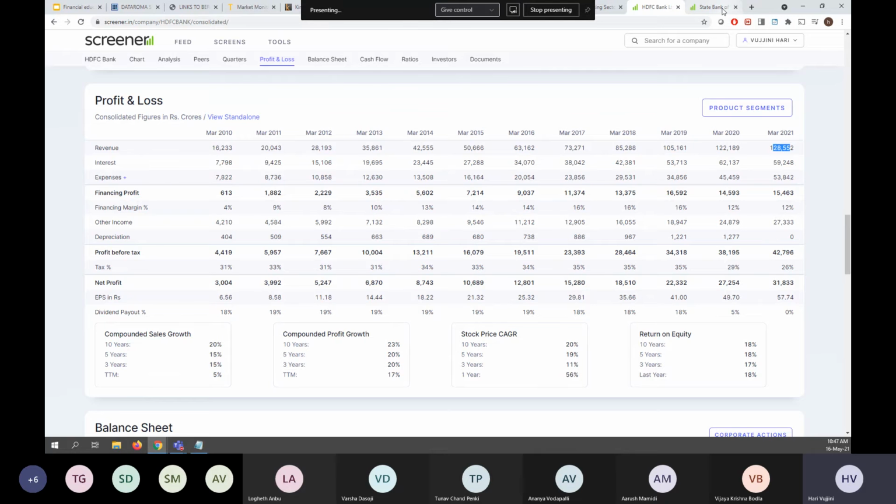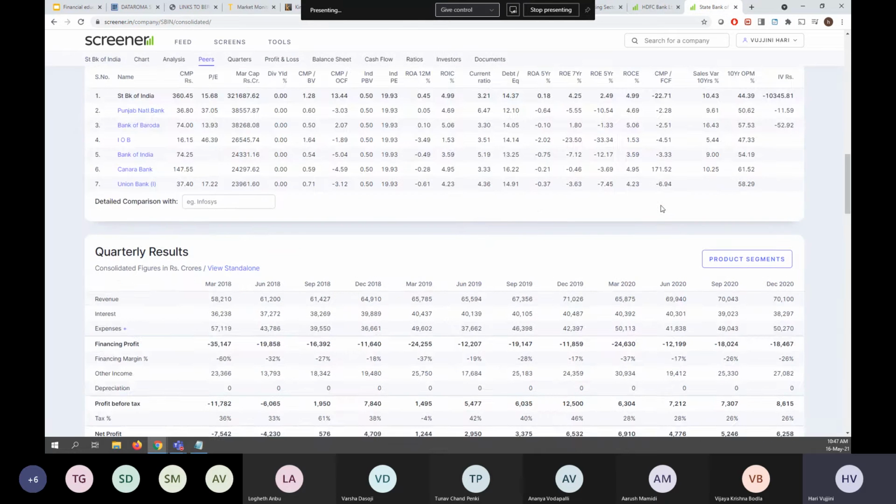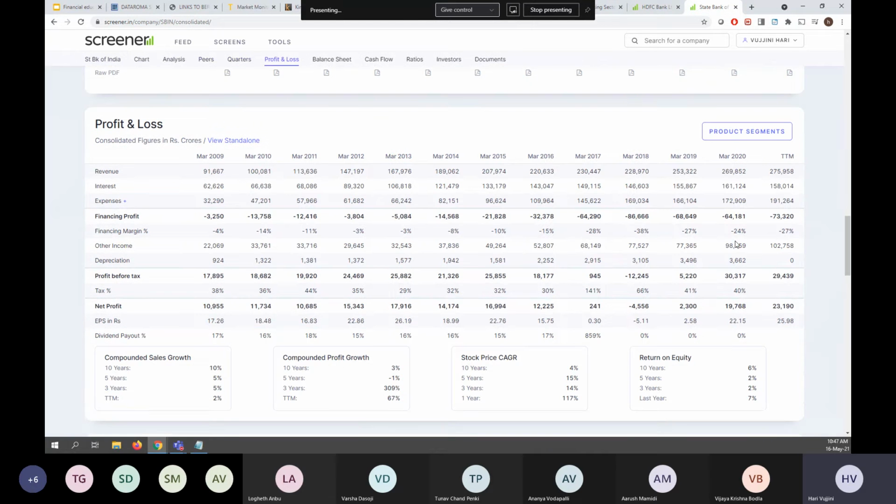Now let's look at SBI. Wow, look at the revenue they made, 275, but look at the profit. They are not making even 10%. 10% of 275 is 27,000, right?